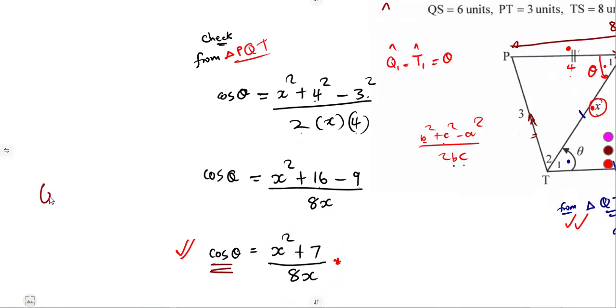Let's say theta is 60 degrees. Cos of 60 degrees is 0.5. It is not going to change, guys. This is what I'm trying to say. We have cos of theta written in different ways, but representing the same thing.